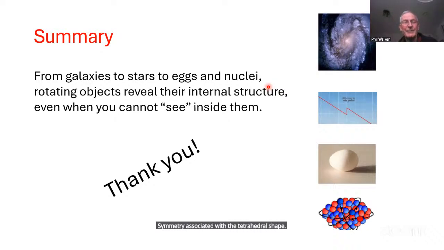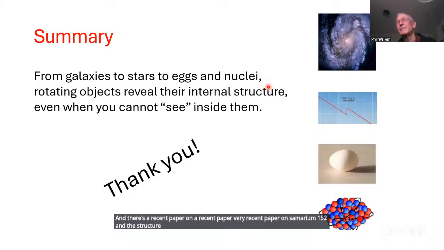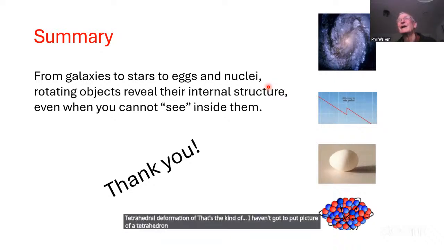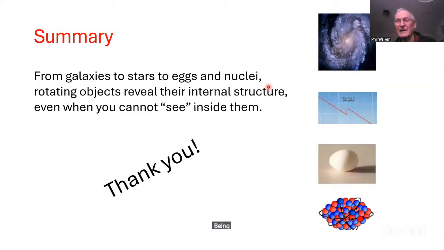And there's a very recent paper on samarium-152 and the structure of that, giving some good evidence for tetrahedral deformation. I haven't got a picture of a tetrahedron, but there's evidence of that kind of shape being significant in nuclei and influencing the rotational structure that you can observe.